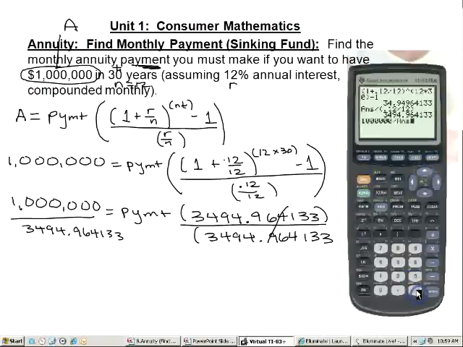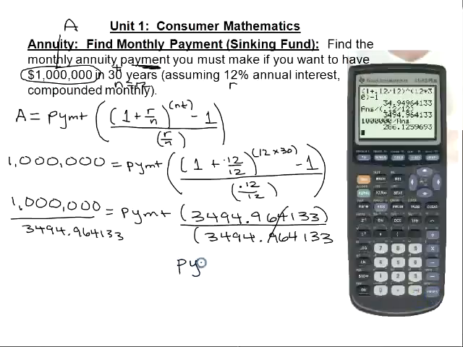If I push second and then the negative key, ANS shows up, which indicates previous answer. And then we hit enter. And so the payment we need to make into this annuity in order to make sure we have $1 million at the end of 30 years is $286.13.